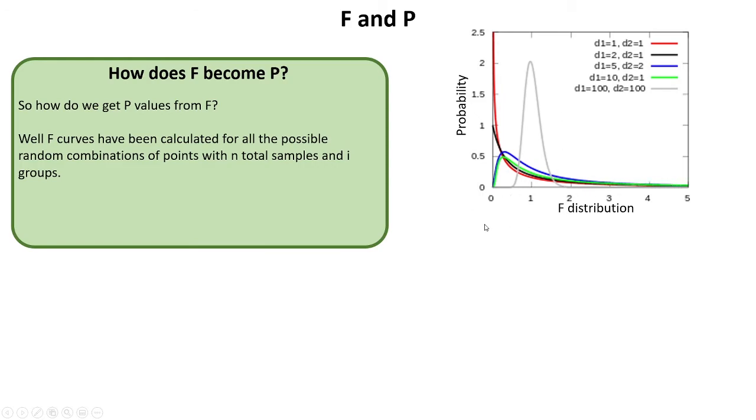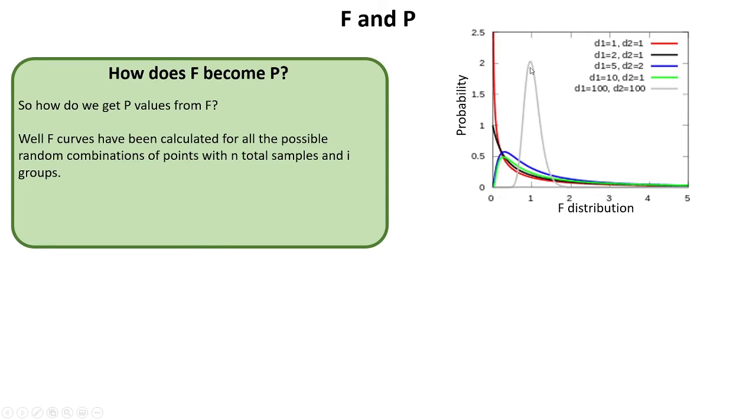And that specific F curve for 10 samples and 10 groups would be the probability distribution of F distributions for random points. So any points from negative infinity to infinity, randomly selected, will give you an F distribution. And then calculate it again, and you get another randomly selected F distribution. And select another 10 random points and another F distribution. And if you keep doing that over and over and over again with lots and lots of different sets of random points, you'll end up with your probability distribution of F distributions, right?